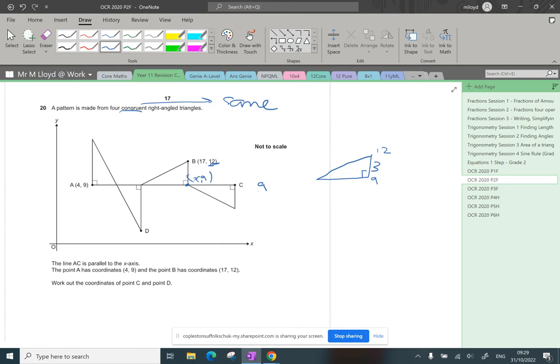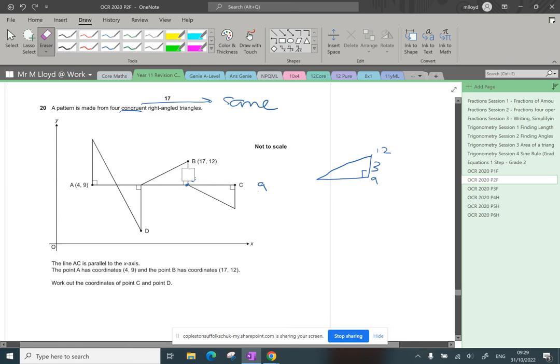So, for example, now if I go across by 3, that means this coordinate here is going to be 7, 9. The next coordinate is going to be 10, 9. And then to get from here to here, we now know that we're going to move across from 10 to 17, meaning that we have got a height of 7 or a base of 7.